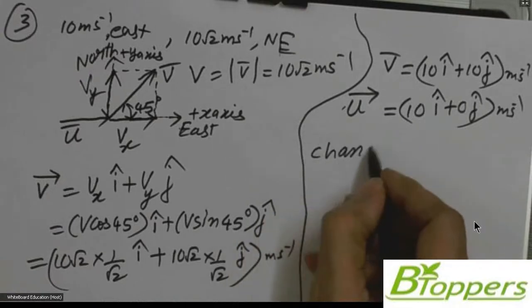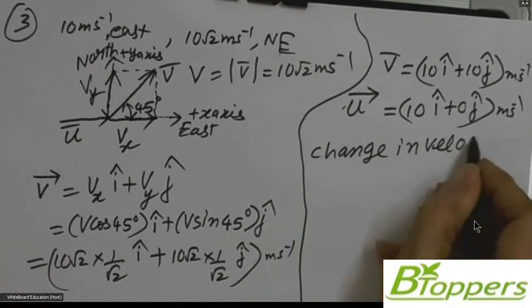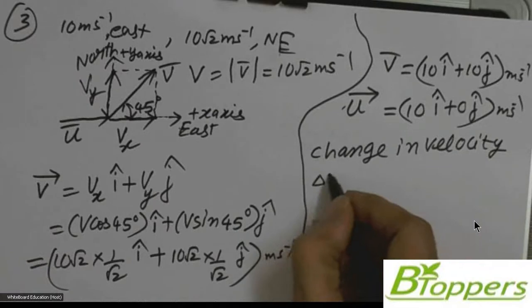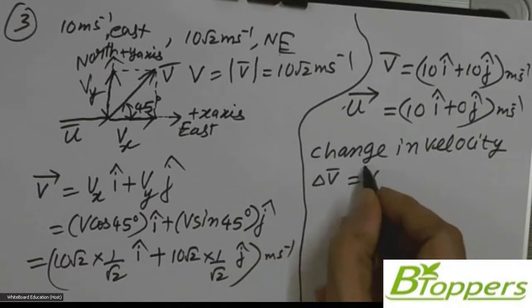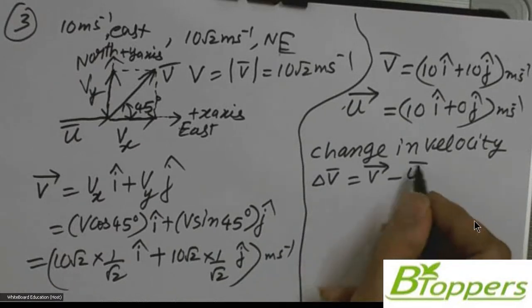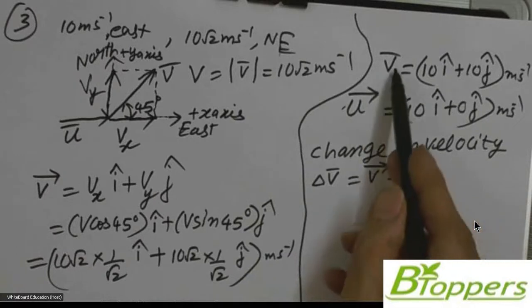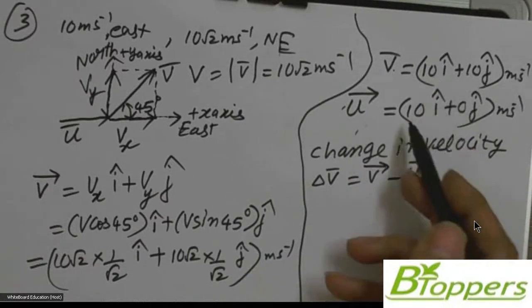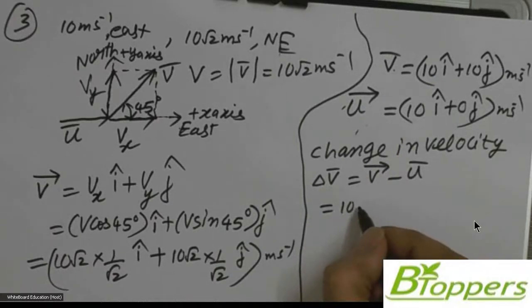Now the change in the velocity of the particle, we write delta v bar, can be written as v bar minus u bar. So we have to take the difference of these two vectors v bar and u bar. First we take the difference of x components, that is 10 minus 10 i cap.